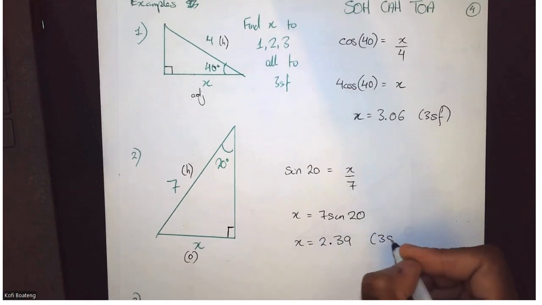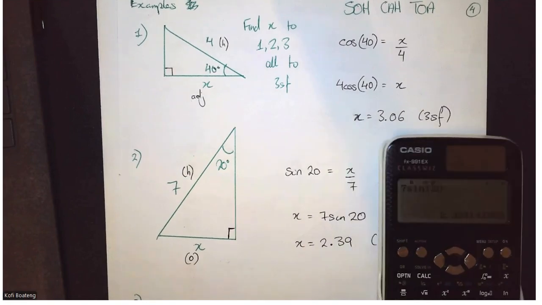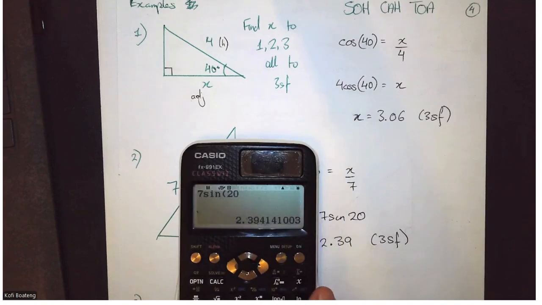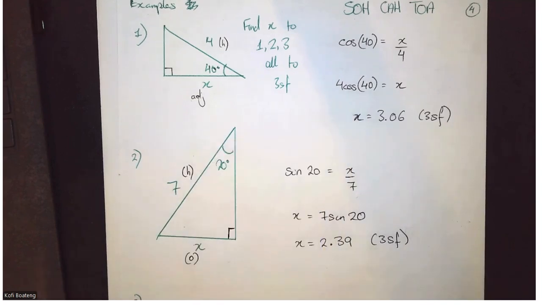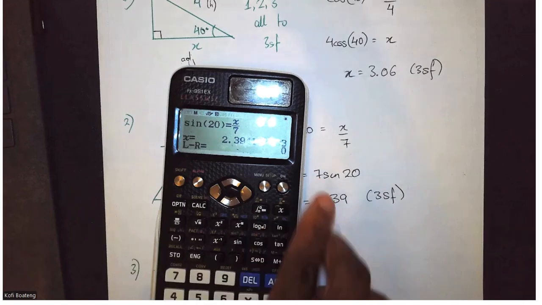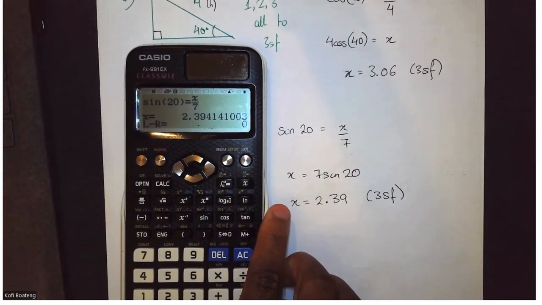And this is the 3SF. Okay, 2.39. So 7 sine 20. And again, you can verify this using the calculator trick. So here is the answer using the calculator forming equations function.